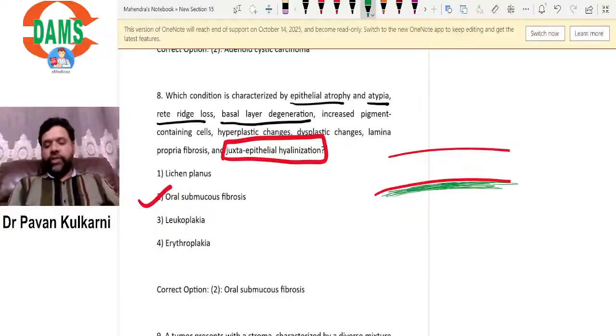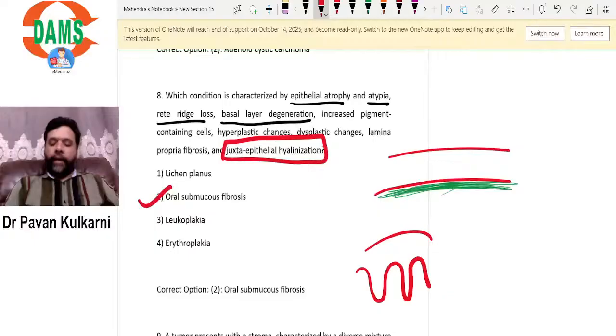That is known as juxtaepithelial hyalinization. And did I draw any epithelium like this? No, because there are no rete ridges here. Epithelium is very thin, it is atrophic, it is exhibiting dysplastic features.